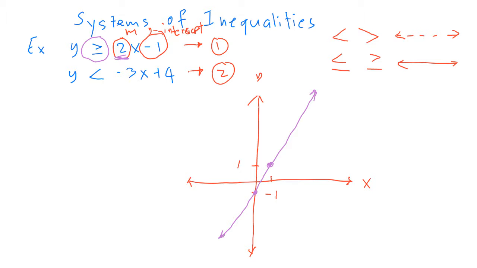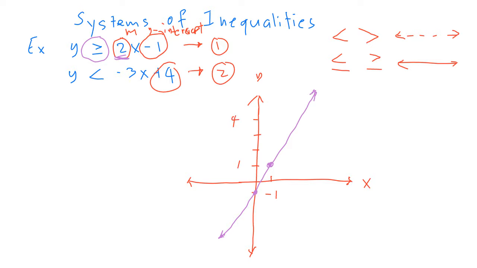Okay, and the next inequality, we have here positive 4. So that would be our y-intercept, positive 4: 2, 3, 4.